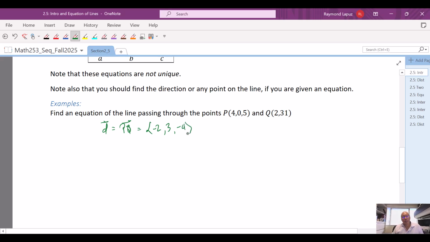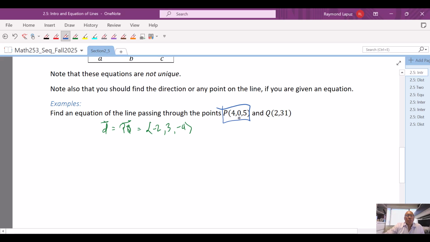So here is my direction for that line. If you would have subtracted a different way, you would have gotten a different answer. And now we have another choice. I will choose my point to be P, and of course you can choose Q if you want, and then you'll have a different answer from my answer. Like I said, your equations are not going to be unique, but if you're clear about what you're doing, then it should be okay.